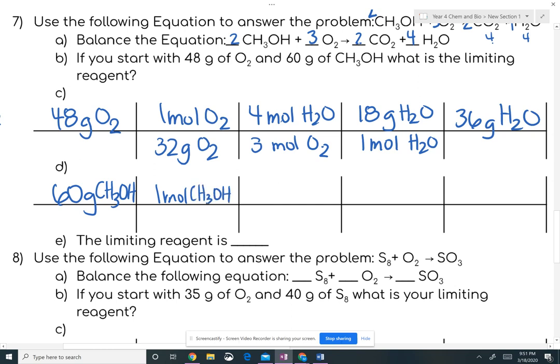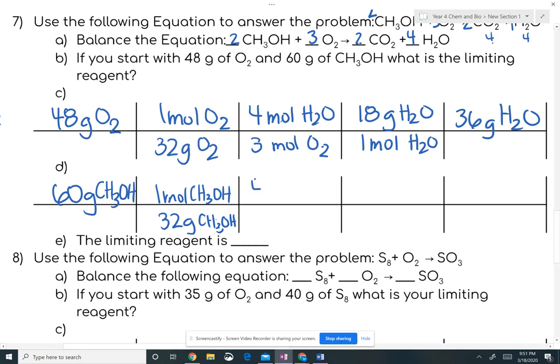And then I'm going to add those things together. So 16 from my oxygen plus 4 plus 12 should be 32 grams of CH3OH, right? Then I'm going to again use my mole ratio so I can switch my CH3OH to H2O, right?